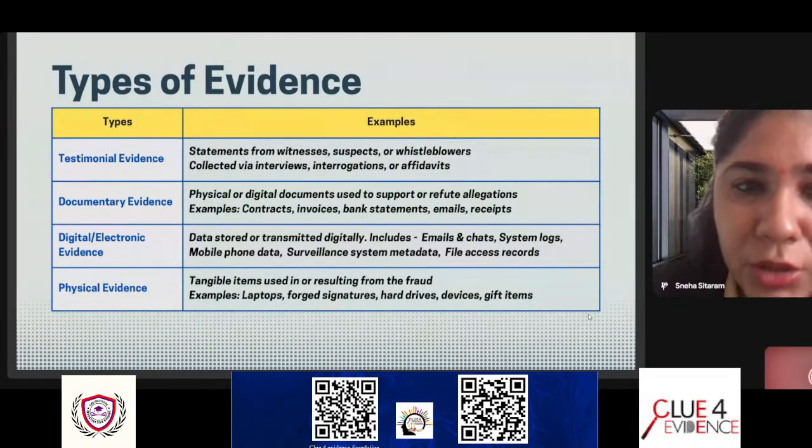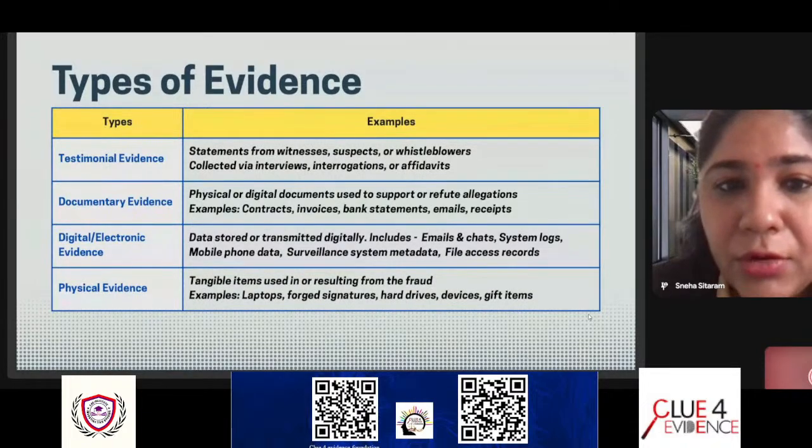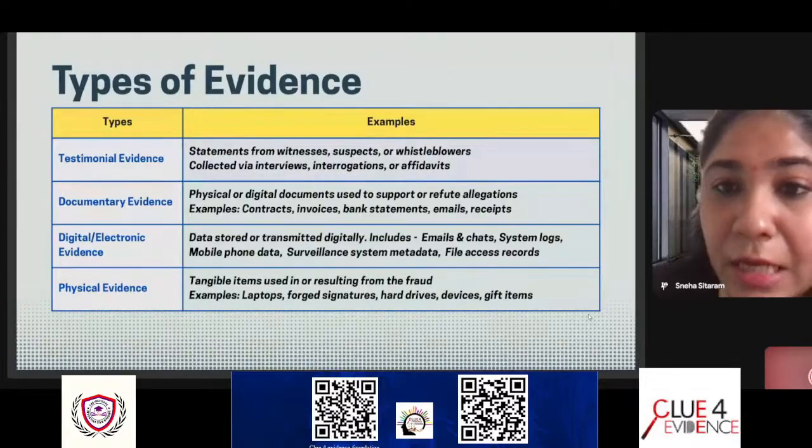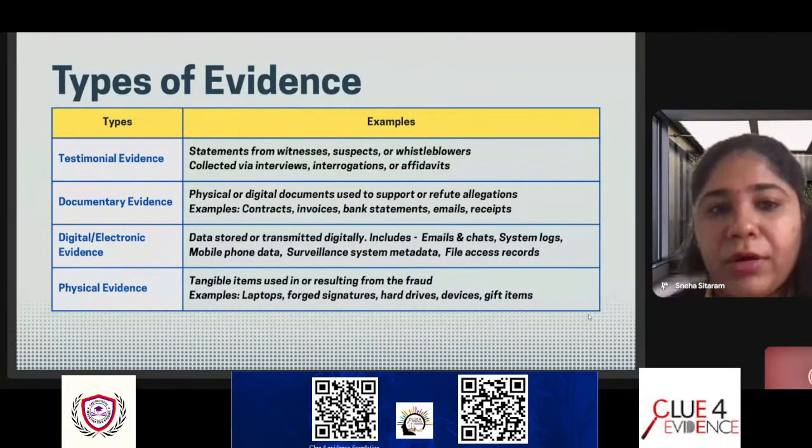Apart from that, documentary evidence is also there, where it is more of physical or digital documents used to support or refute allegations. So again, these kind of documents are mostly what we get in an organization.